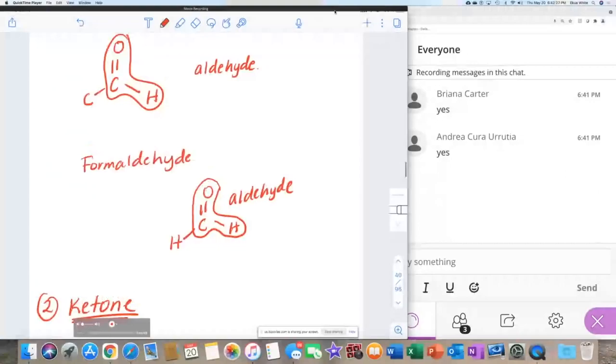You notice the same ending in the name, so ketone or acetone here. The carbonyl is in the middle. Ketones have the carbonyl in the middle of the compound, not necessarily in the center, but not on the end. On either side, you have to have a carbon. So a carbonyl in the middle like this, and the carbonyl is attached to a carbon on either side.